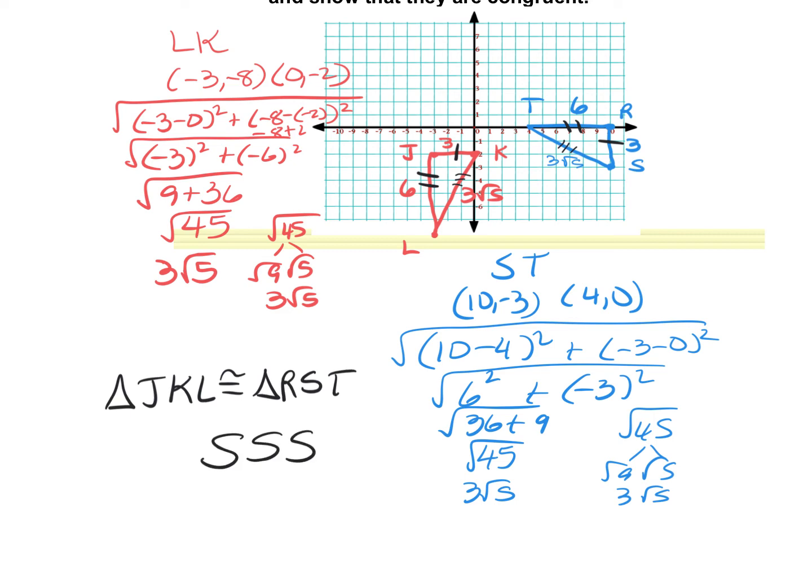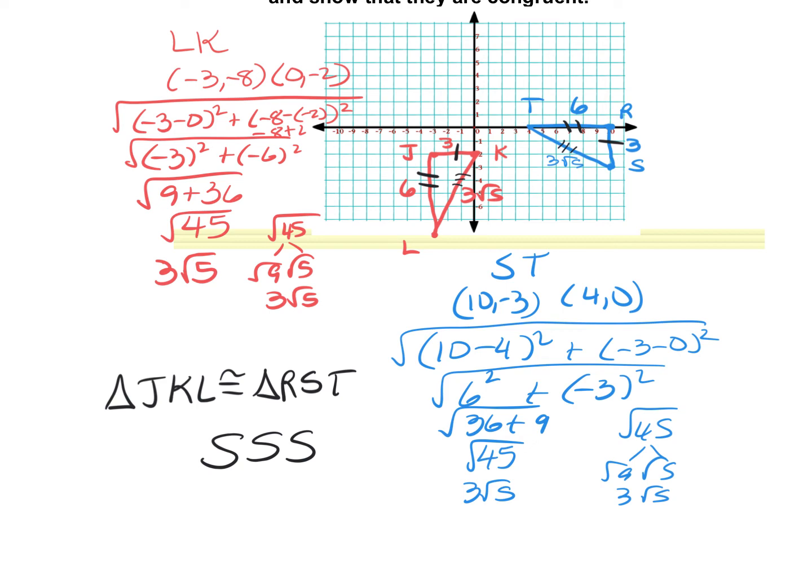Now, one thing you could have also done is show that you had right angles by calculating the slope of, say, JK and JL. If they were opposite reciprocals, then we would have known that those 2 lines are perpendicular, and we also learned that perpendicular lines are formed by a horizontal and a vertical line. And then the same thing in the blue triangle: show that RT was perpendicular to RS.